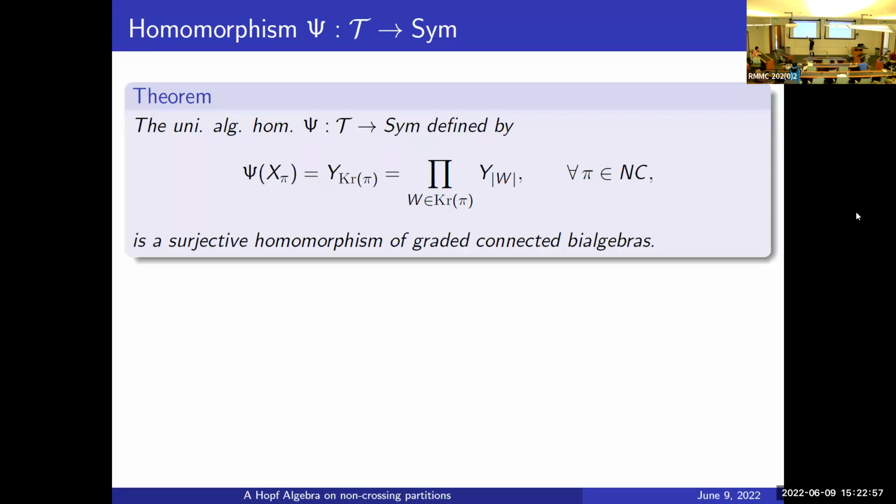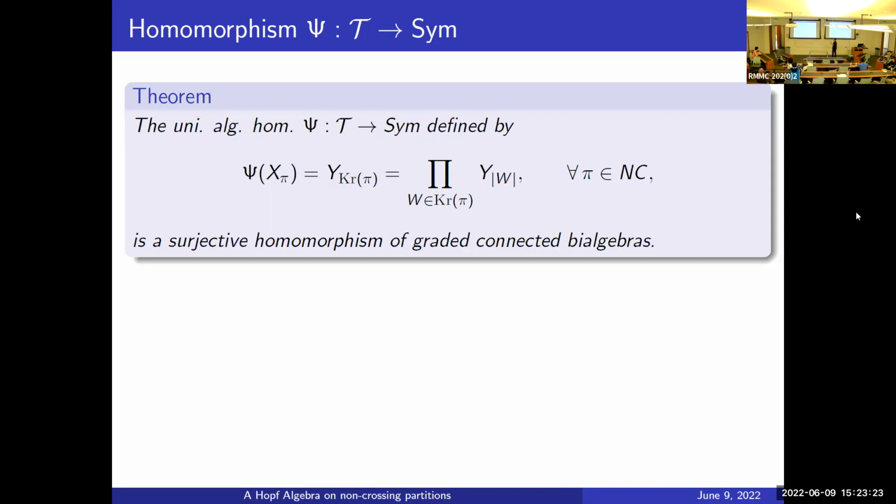So take a pi and send it to the element associated to the Kreweras complement of pi. The Kreweras complement of pi is a partition, and Sym was defined with integers, but of course you can take the products. By y of Kreweras of pi, I mean the product of the y's with the size of the blocks of Kreweras of pi.